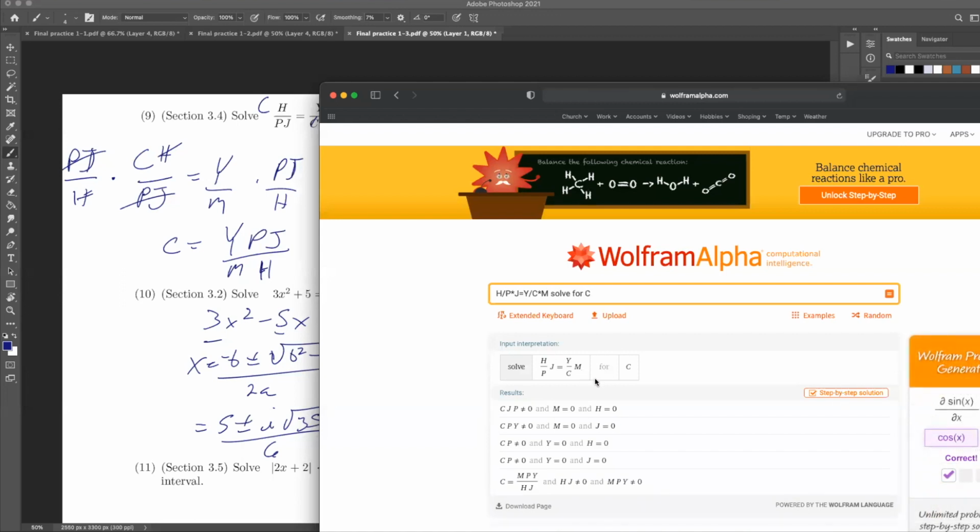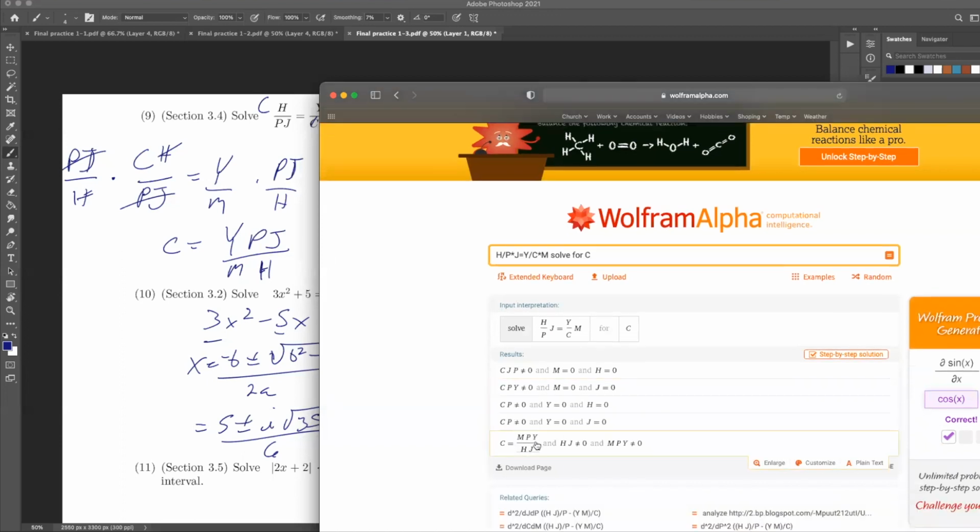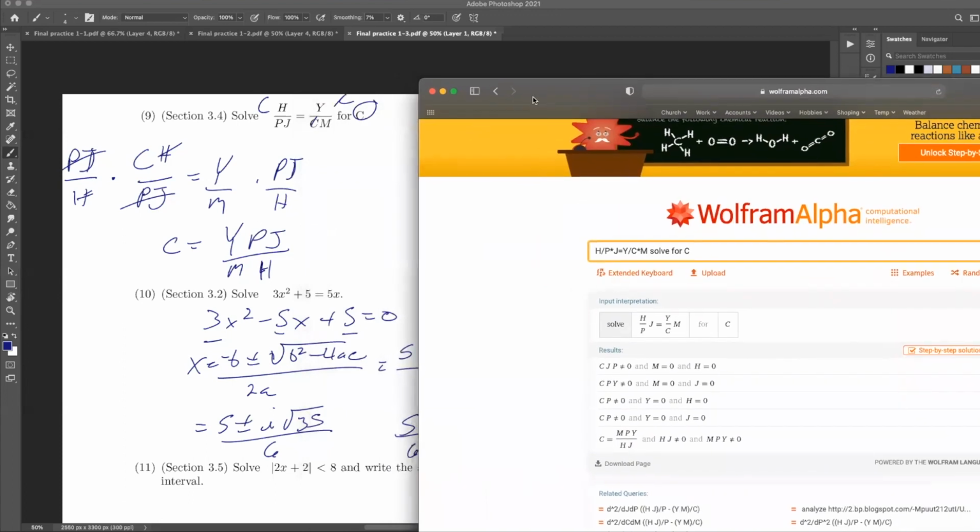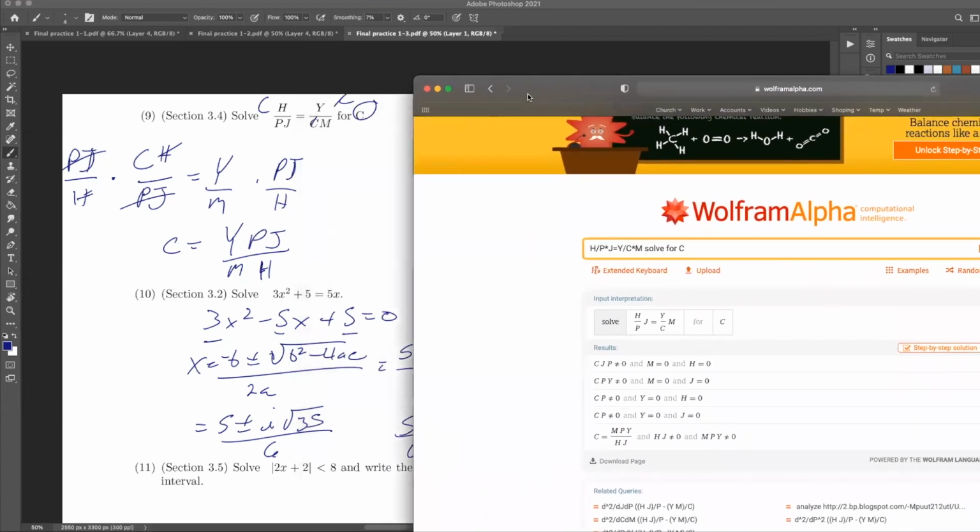Oh, here it is. I typed it in wrong. Why does it have it upside down compared to what I have? That's going to bug me for a second.